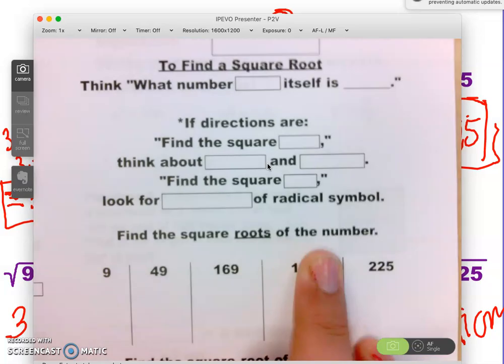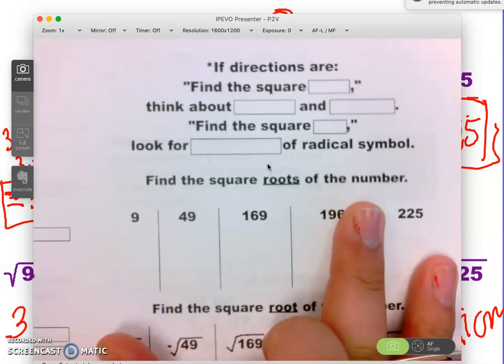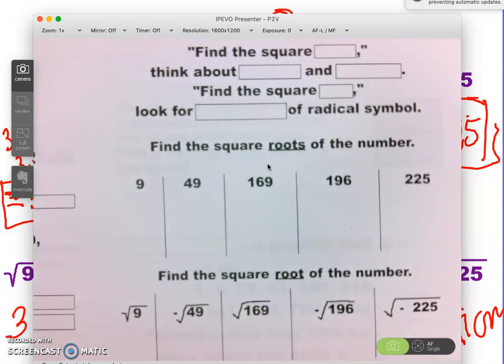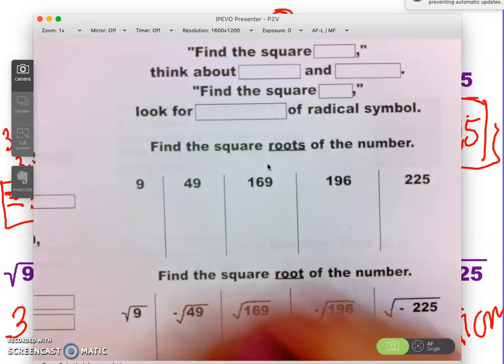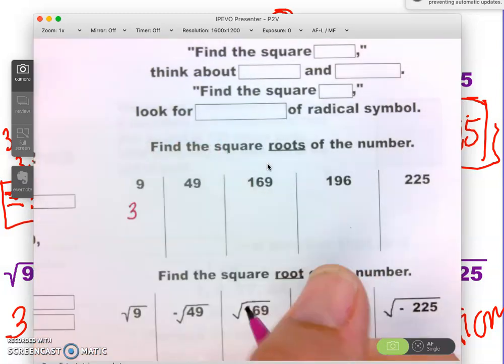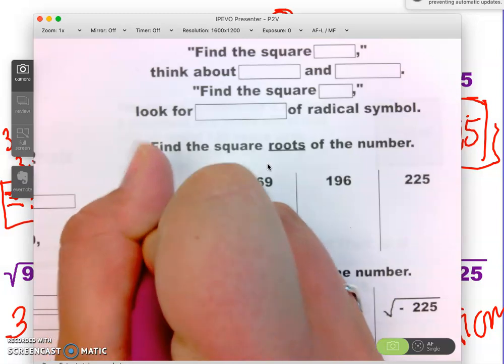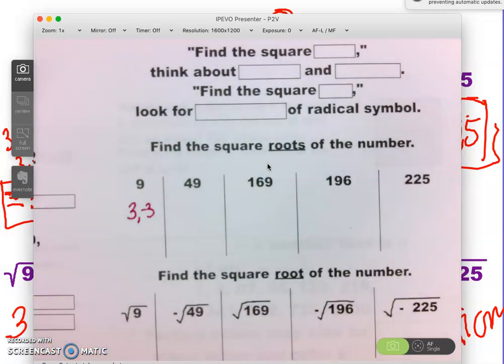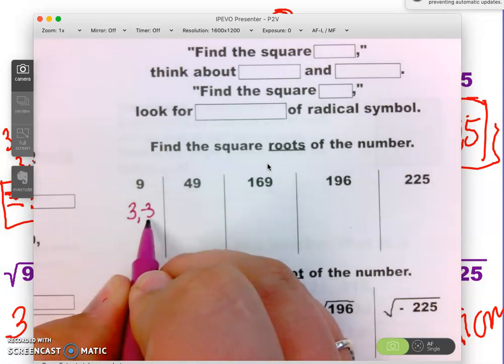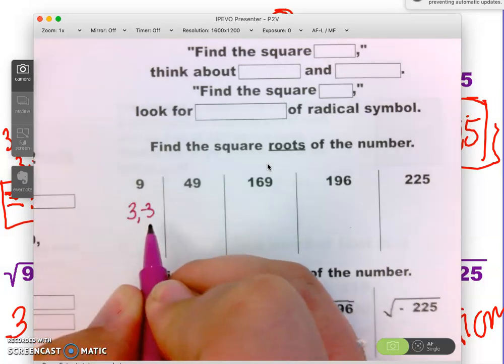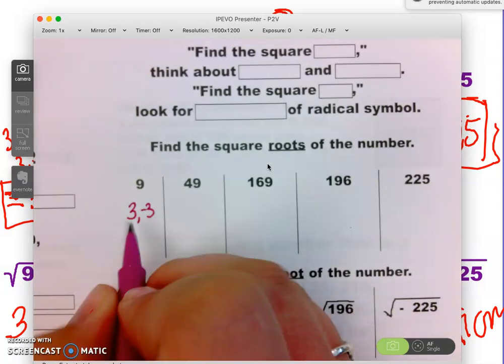All right, so find the square roots of the numbers. It says roots, so it's going to be both the positive and the negative. So what number times itself will get me 9? Well, 3 and negative 3, both positive and negative. 3 times 3 is 9. Negative 3 times negative 3, because a negative times a negative is a positive, is also 9.